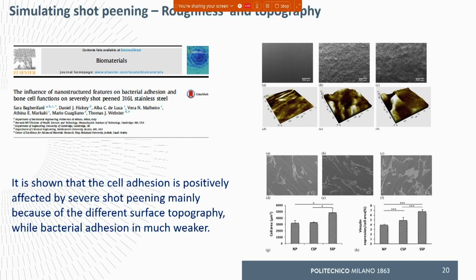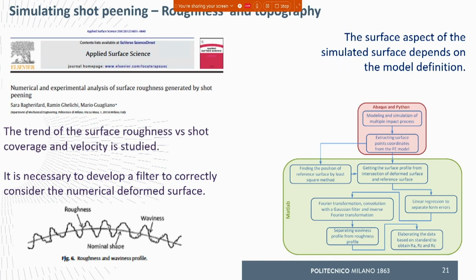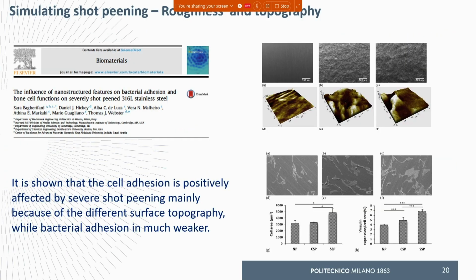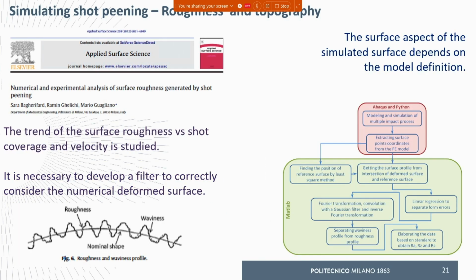Okay, indeed. I have already commented on a study like this that we did about the cell adhesion and so on. We have already discussed yesterday the importance of knowing roughness topography. And we have discussed this model for calculating the roughness.